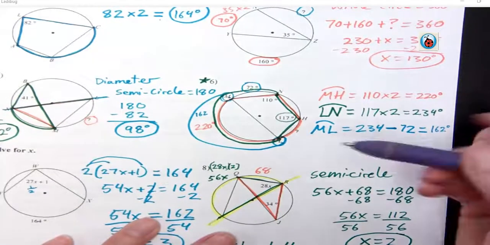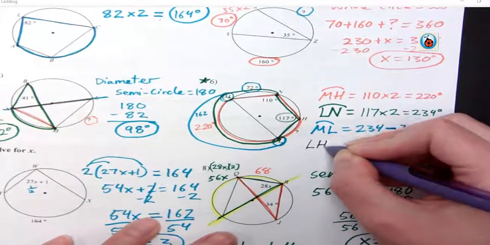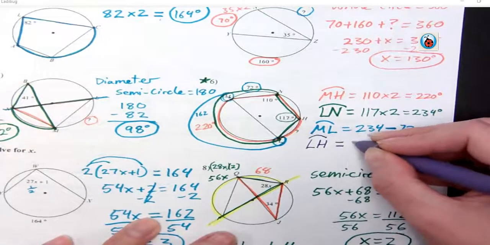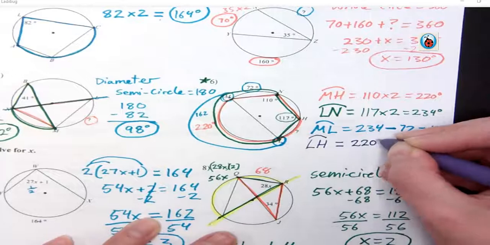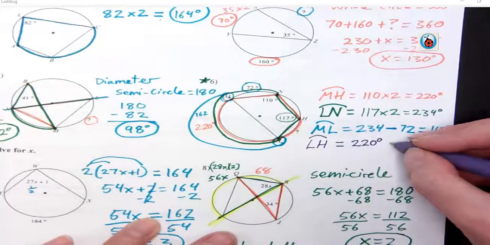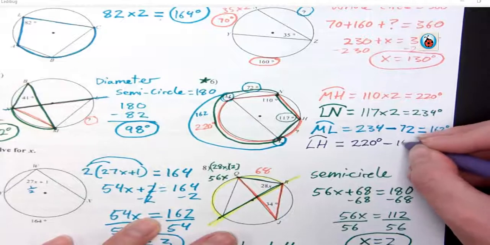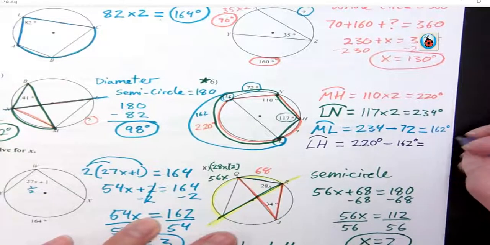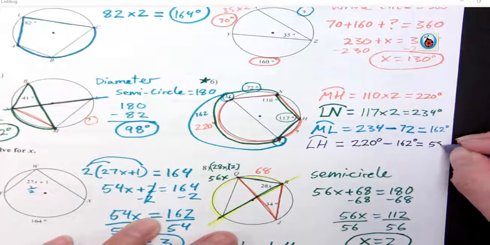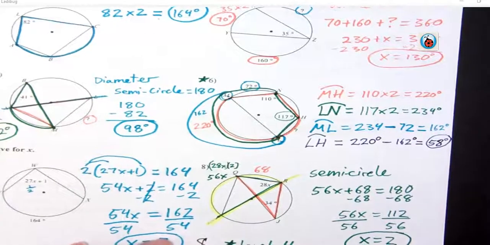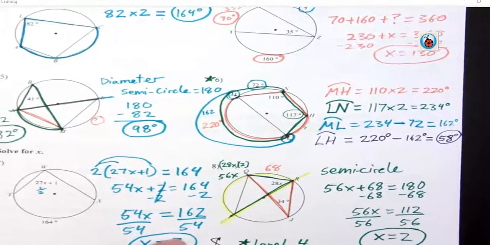So my very last is arc LH, which is what they asked me for, equals my 220 that I found for MH minus my 162 that I found for ML, which gives me 58 degrees. So definitely a puzzle problem. Just work your way around and around and around until you find what it is you need.